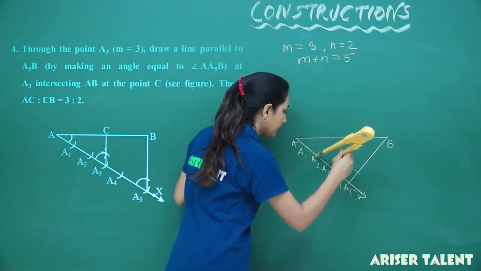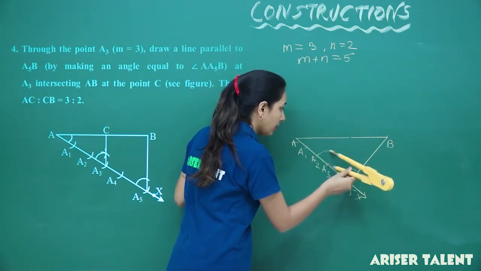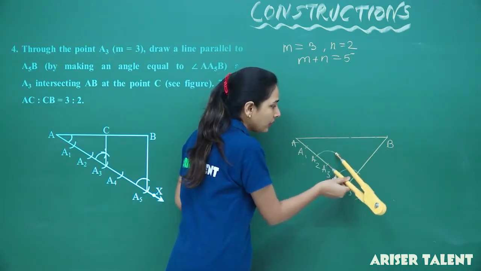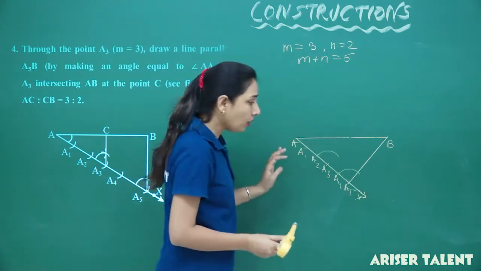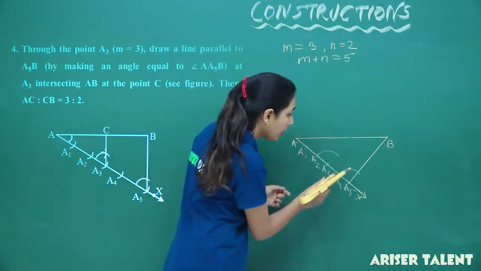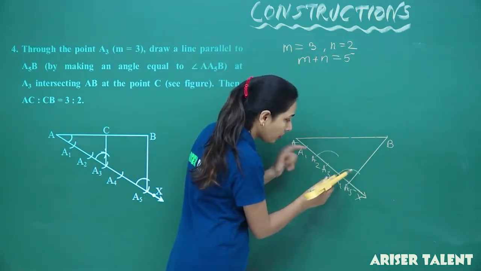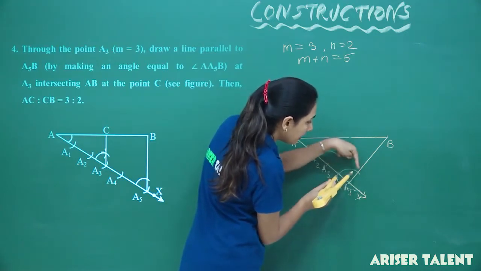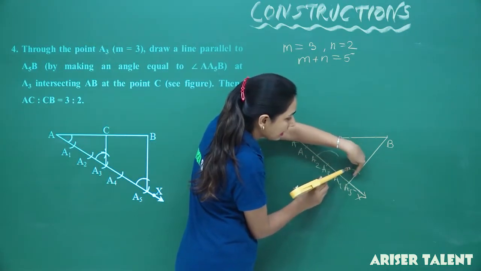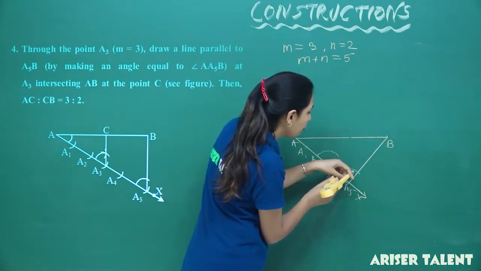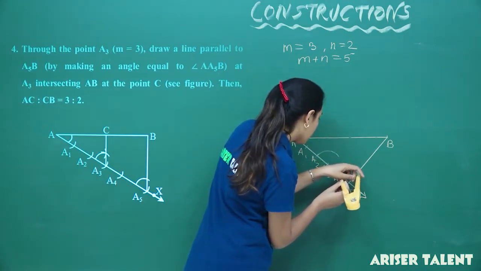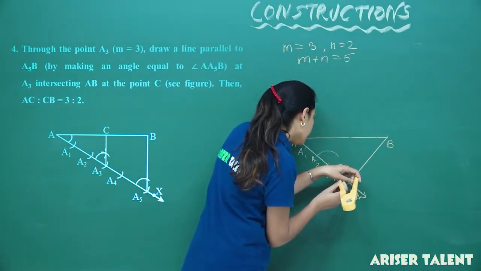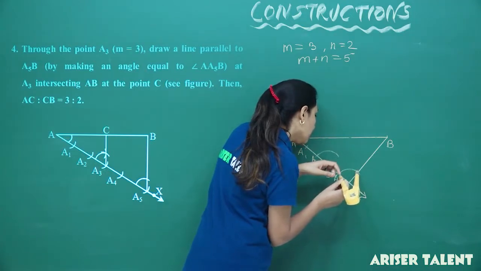Just make an arc, slightly more than 90 degrees. Now do what? Take that point on A4 and the point where this arc cuts the line A5B, and measure it.